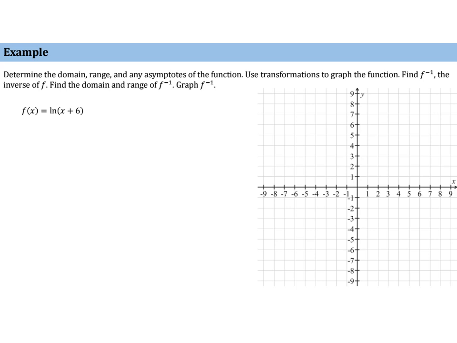So, let's go ahead and find the domain, the range, and the asymptotes of this function. f of x equals the natural log of x plus 6. If we had y equals natural log of x, we would see the key points: 1 over e, which is the base, and -1; 1, 0; and e, 1.